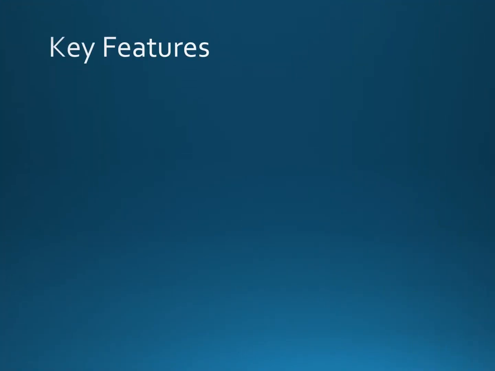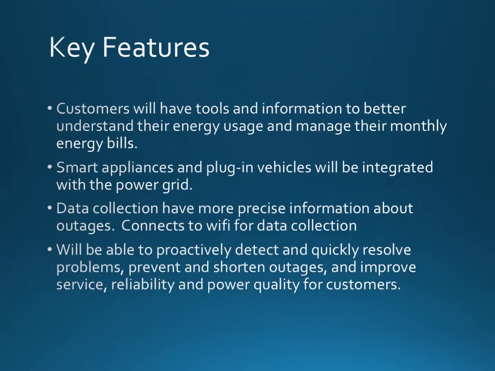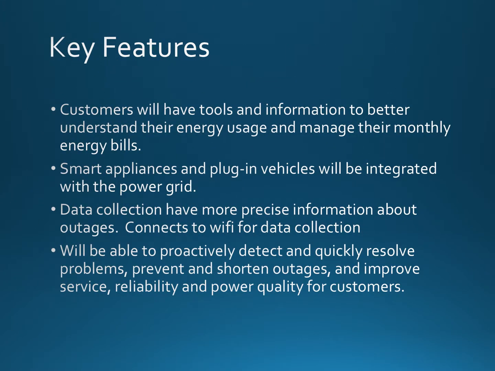Now, some of the key features in smart grid technology is that customers will have the tools and information to better understand their energy usage. Basically, you as a consumer get the data yourself for exactly what type of energy you're using in your homes.